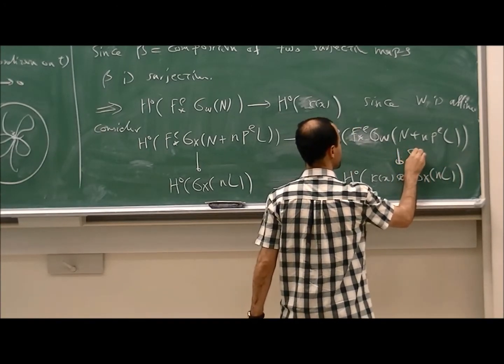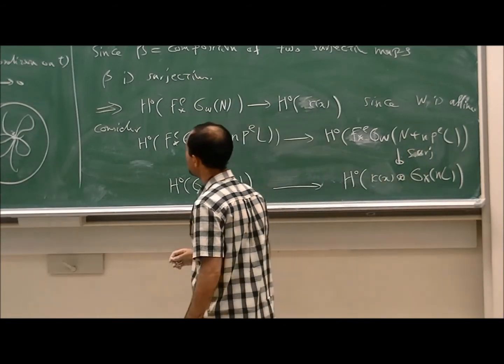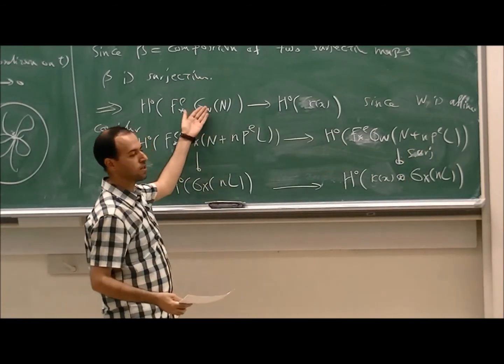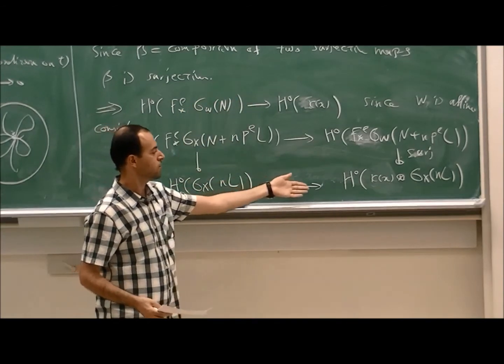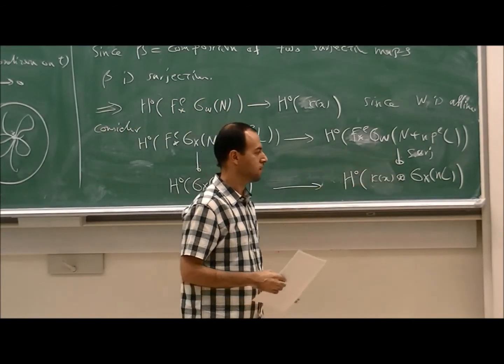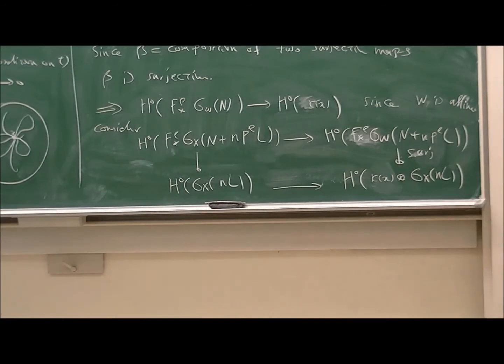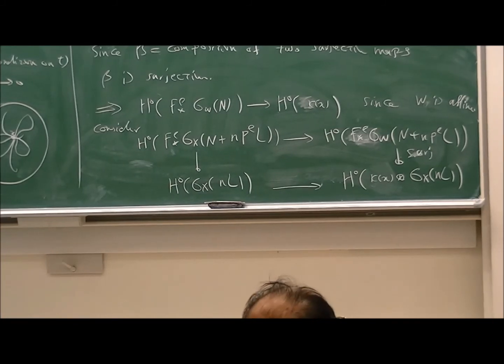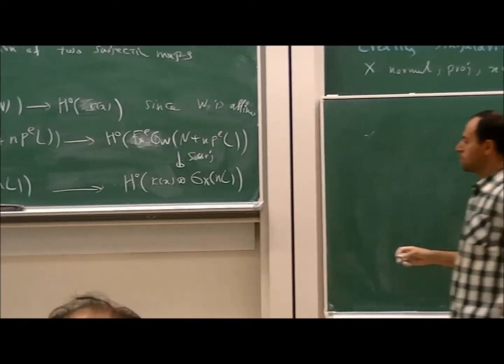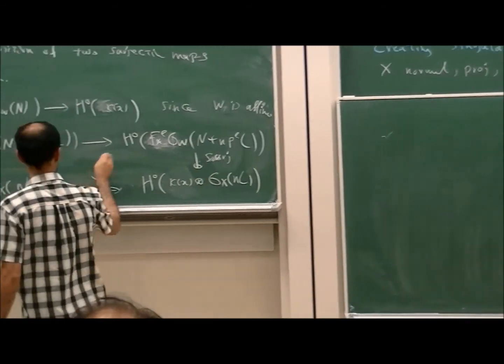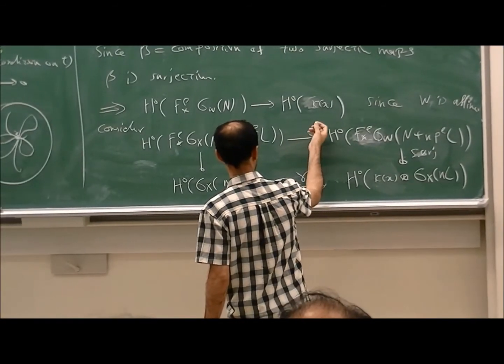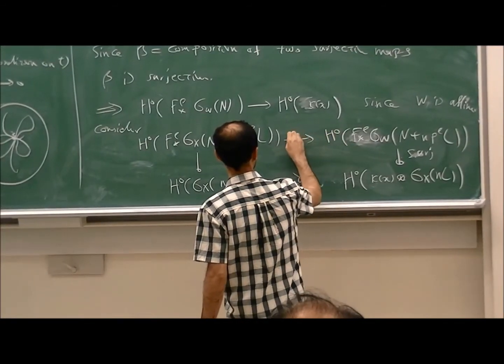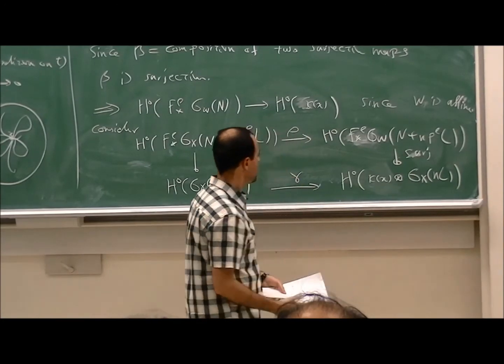But again, this guy is surjective, just simply because it's essentially the same as this. So tensoring with something here does not really affect. So we are almost there. There is essentially one last bit. Okay, let's call this gamma and let's call it rho.